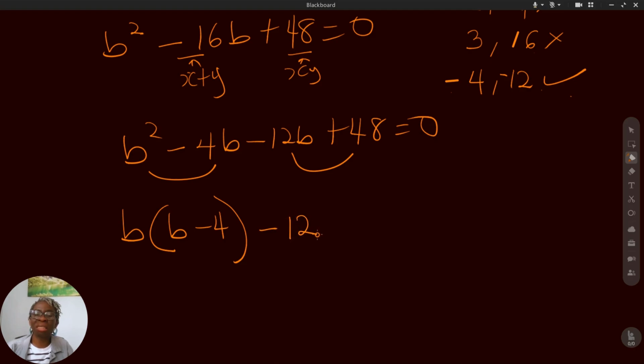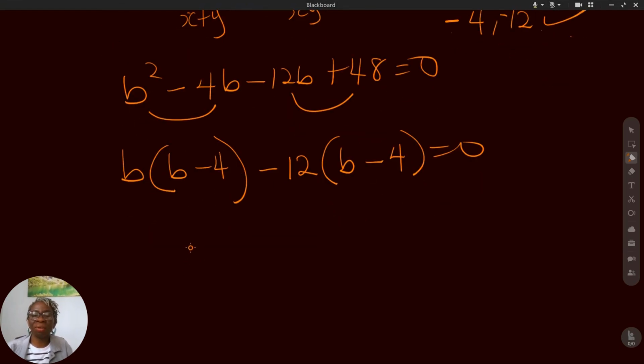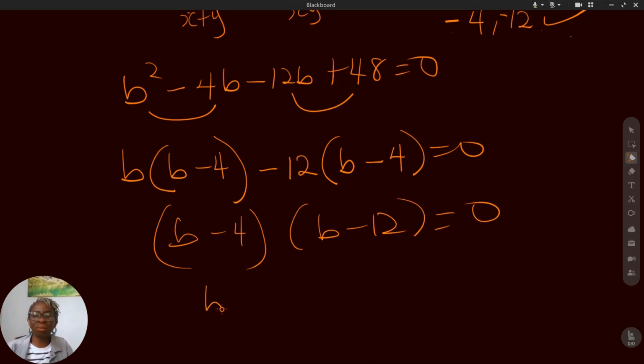When we bring out negative 12, we'll be having b minus 4, because negative 12 times b gives negative 12b, and negative 12 times negative 4 gives positive 48. So now we are having b minus 4 and then b minus 12 equal to 0. So that means b is either 4 or 12.